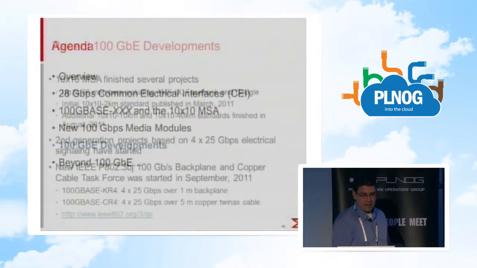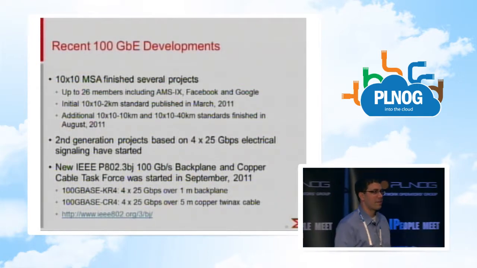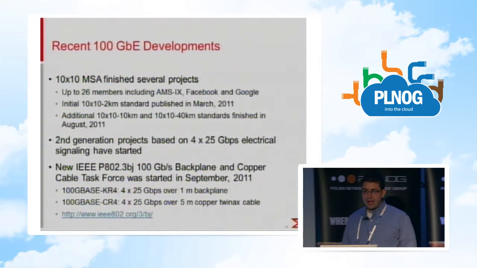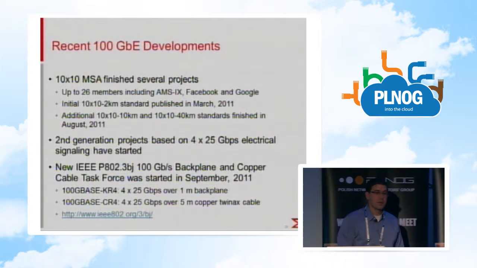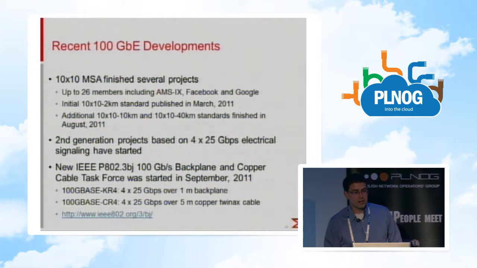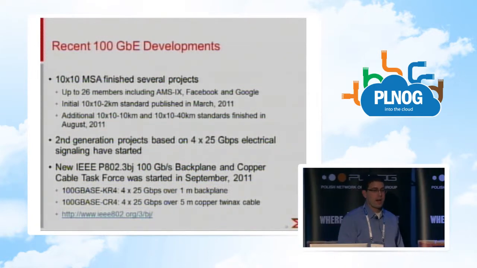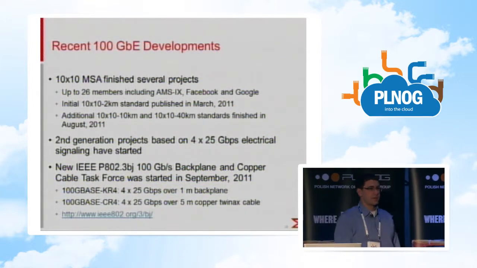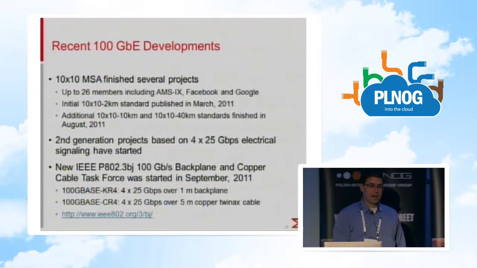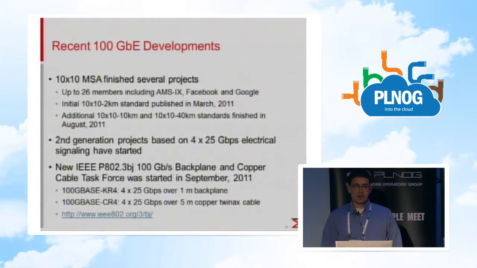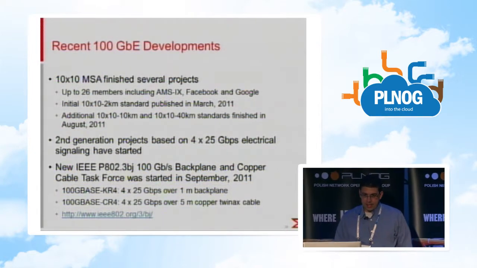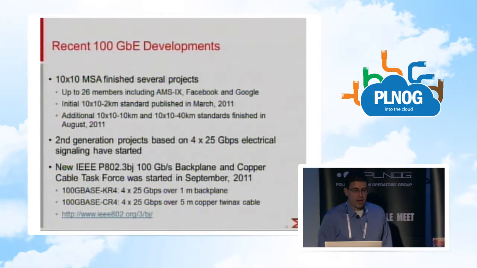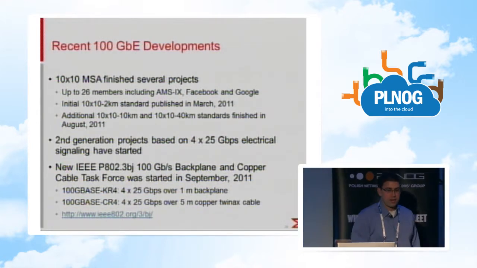Okay, so 100 gigabit Ethernet developments. This is the most recent news in 100 gigabit Ethernet. The 10 by 10 MSA group has finished their projects. They are up to about 26 members now, from vendors like Brocade to customers such as Facebook and Google. And they've completed the 2 kilometer, 10 kilometer, and 40 kilometer standards.